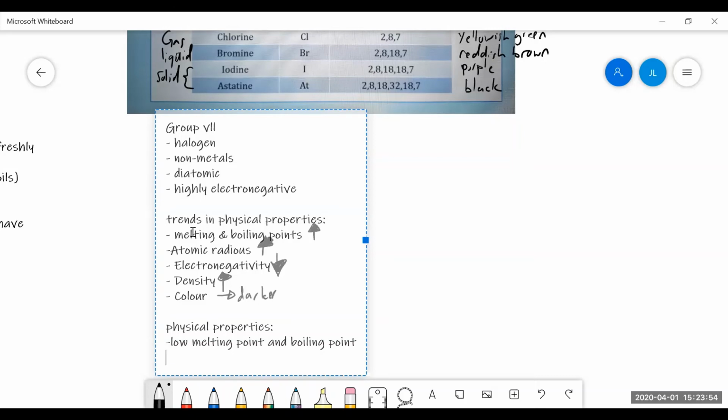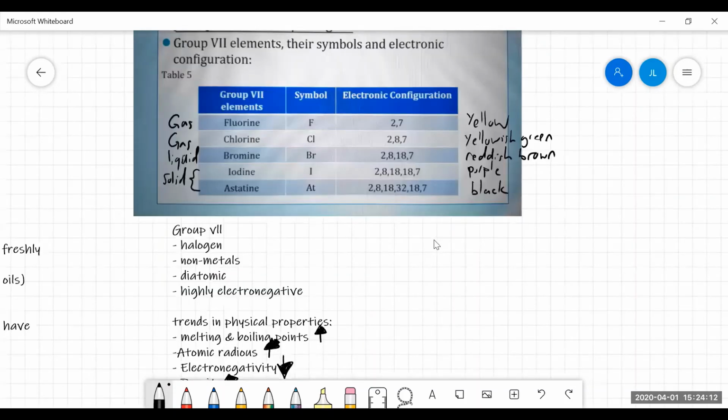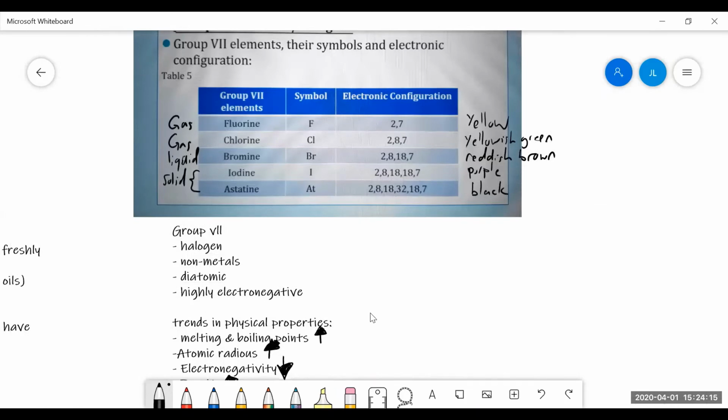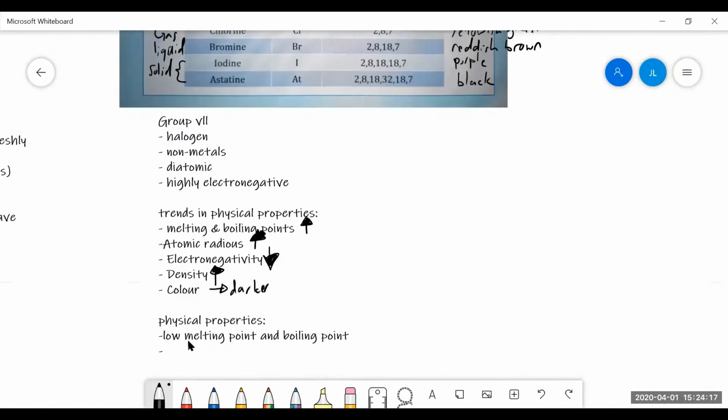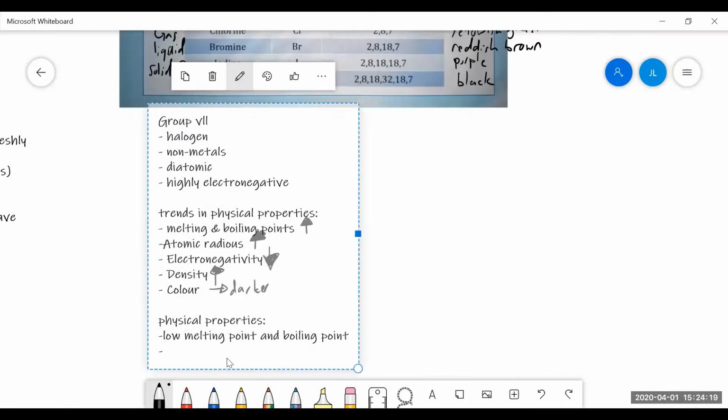Only a small amount of energy is required to overcome the weak forces of attraction. That's why they have low melting and boiling points. The first two elements, fluorine and chlorine, exist in gaseous form. Hence, they have very low density.